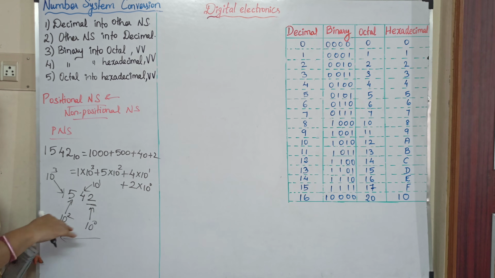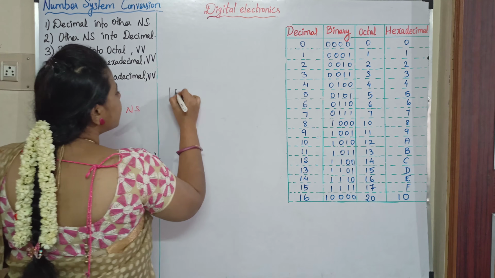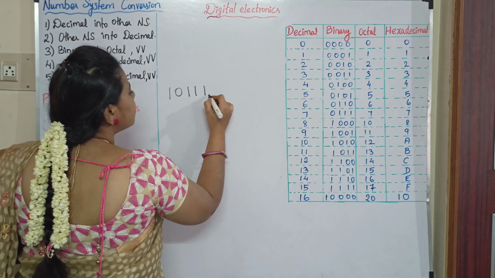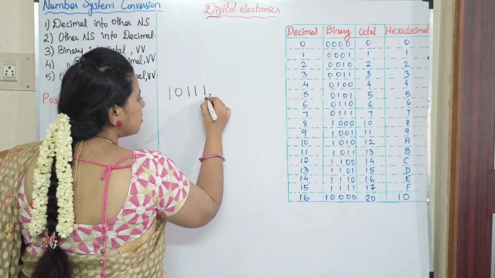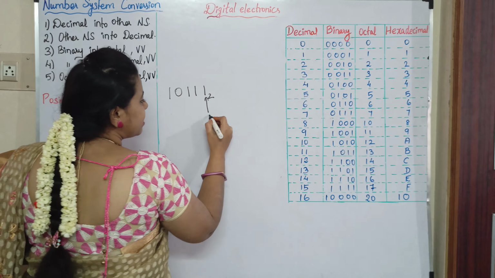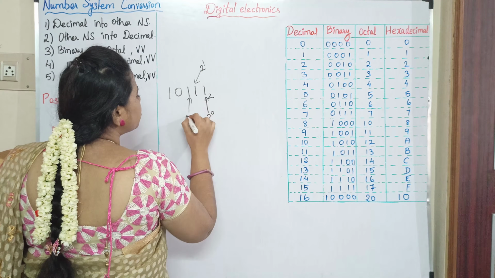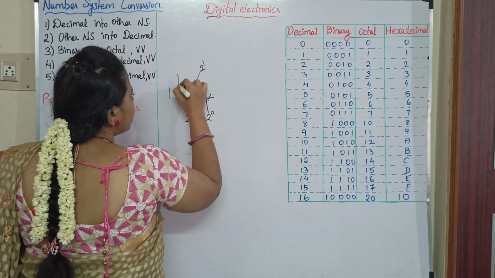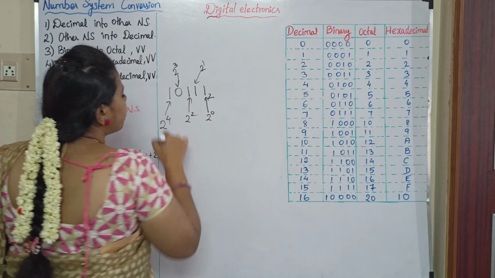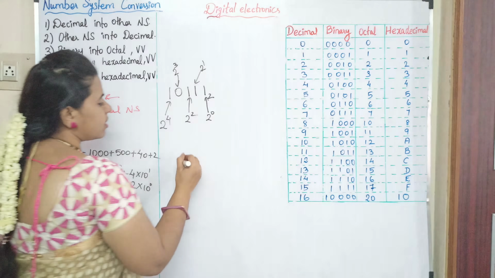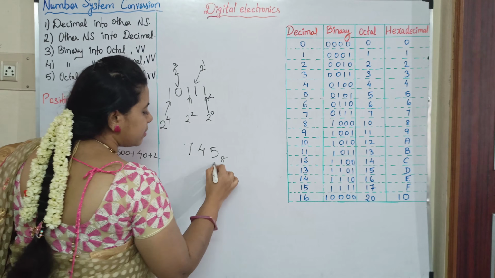The same applies for binary, octal and hexadecimal. For example, consider this binary number. The weightage for the least significant bit is 2 to the power 0, this is 2 to the power 1, this is 2 to the power 2, here 2 to the power 3 and this is 2 to the power 4. And the same thing for octal.